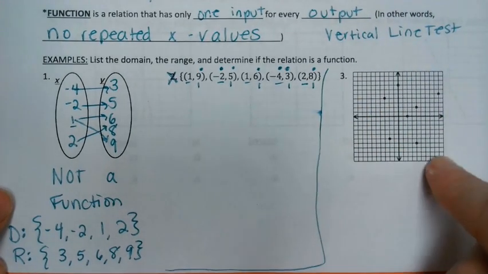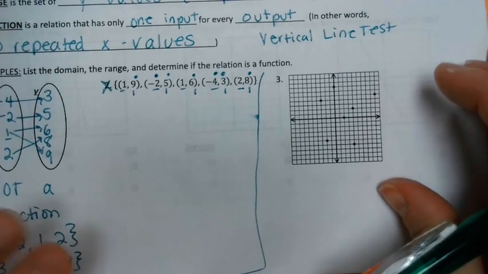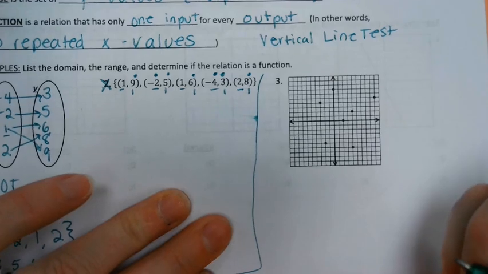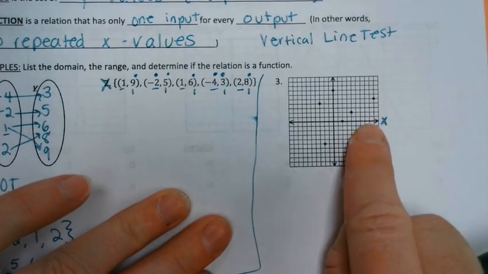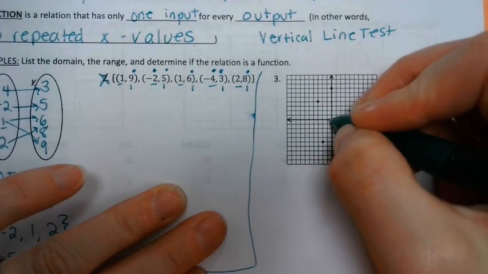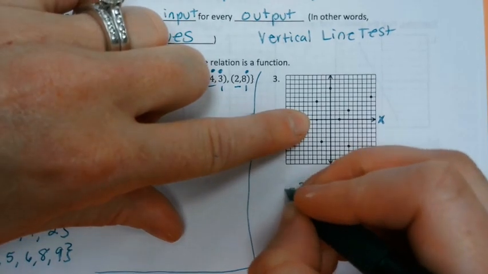So if we look at our graph, we need to write our domain and range. So that means we need to write our ordered pairs. Or we can just look at what the x values are first. So if I look at this, I can ask, what is the smallest x value? -1, -2, -3. So I'm going to start there.